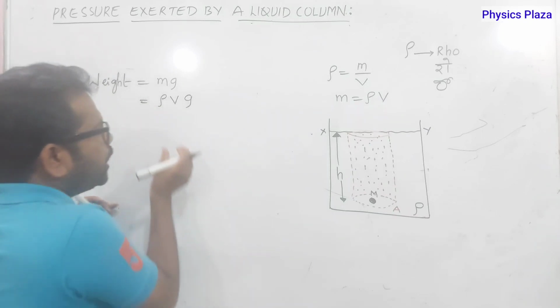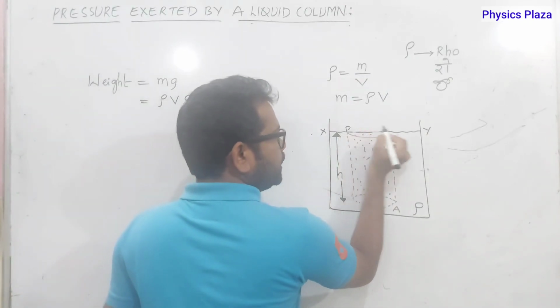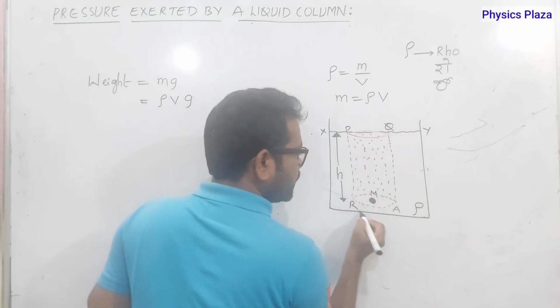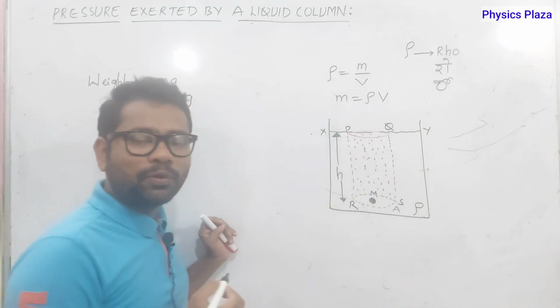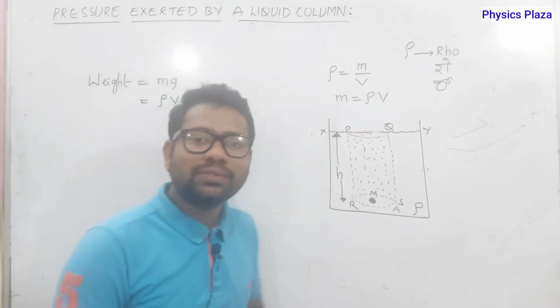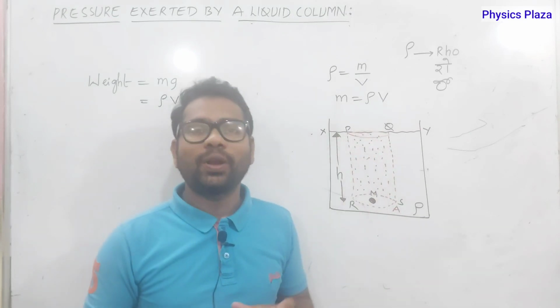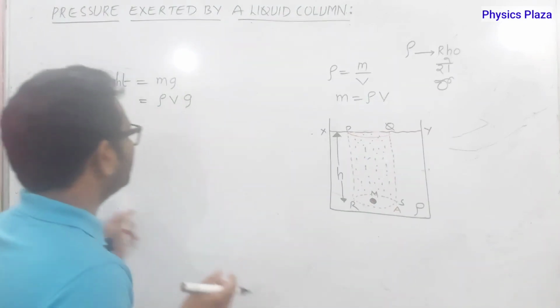Okay, fine. But how to find volume? Volume of what, children? Volume of the PQRS cylinder. Why are we taking PQRS only? Because we are going to calculate the pressure exerted by this liquid column only. Clear? Fine.